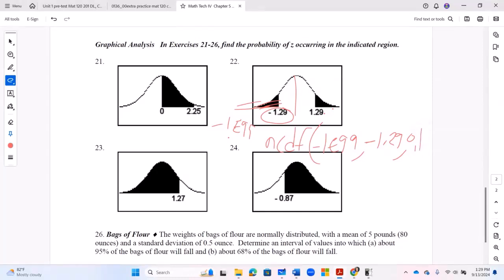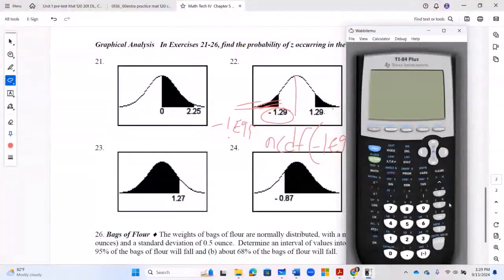The standard deviation is 1. So when I get my answer, I multiply by 2 because the normal curve is symmetrical. So all I need is to find 1 tail and multiply by 2 to get the area on both tails. All right, let's do that. So I'm going to tell my calculator what I have.